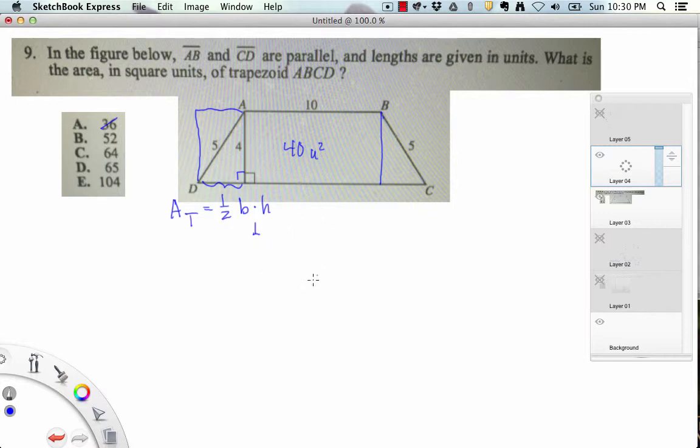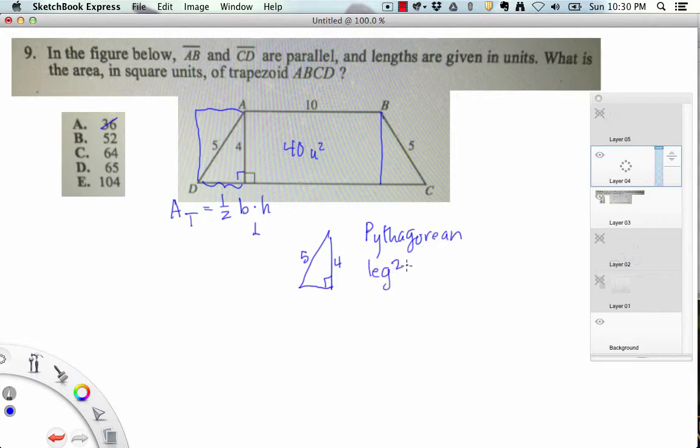Okay, so if we've got this triangle, how can we figure out this third side? Well, by giving us this height, they're letting us know it's a right angle. Right angles, that's always going to mean thinking Pythagorean theorem if we're looking for lengths.